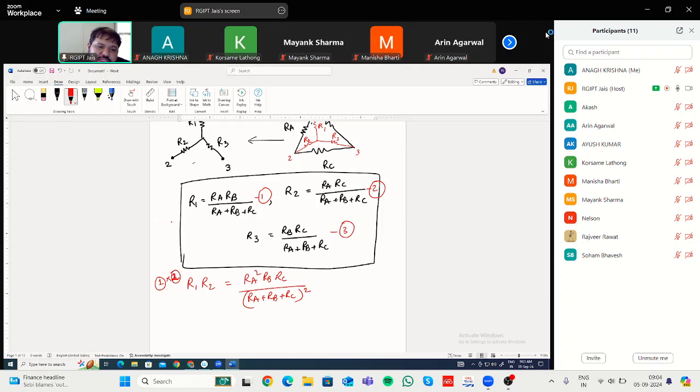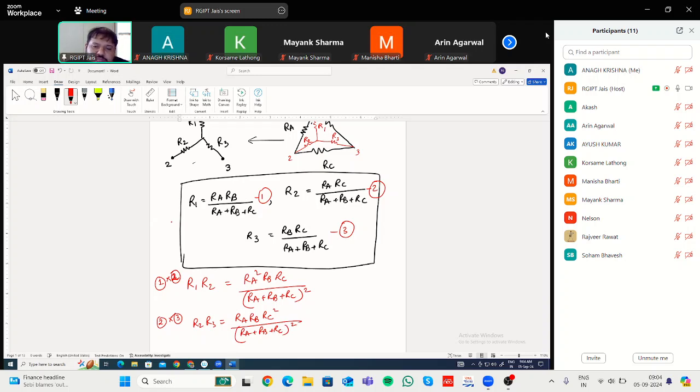Similarly, let us multiply equation 2 and equation 3. So on the left hand side the multiplication is R2 R3. On the right hand side it will be RA RB RC whole square, and RA plus RB plus RC whole square.